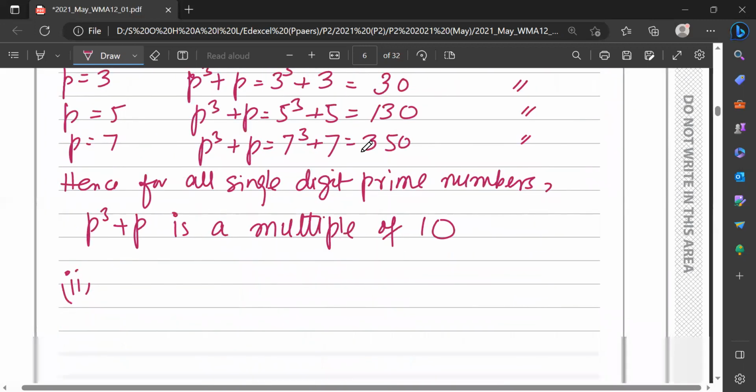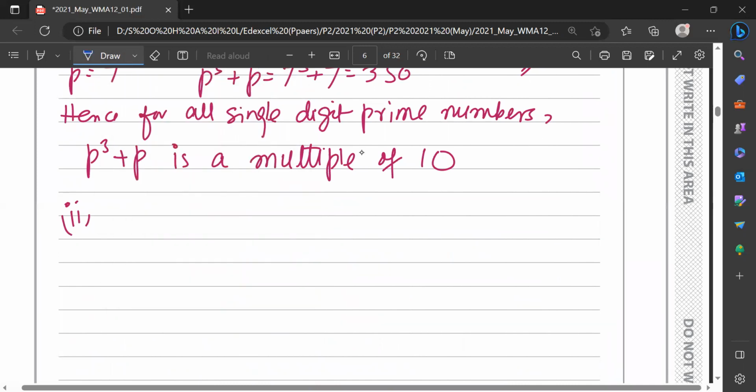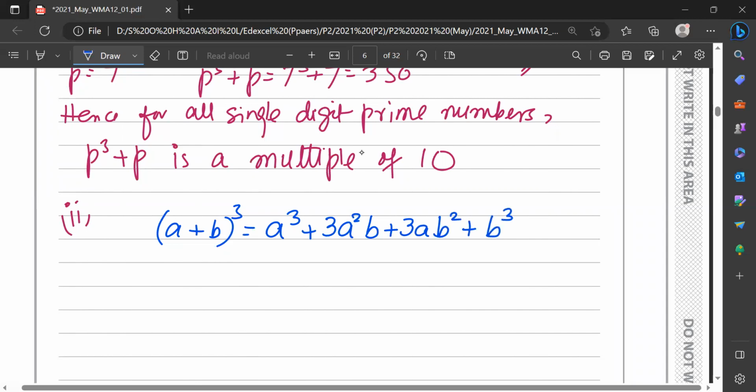For this, you need to recall the formula. The formula is (a plus b) whole cube is a cube plus 3a square b plus 3ab square plus b cube, or you can apply the binomial theorem.